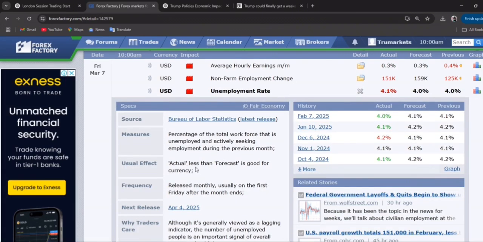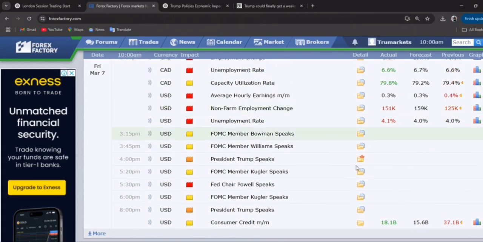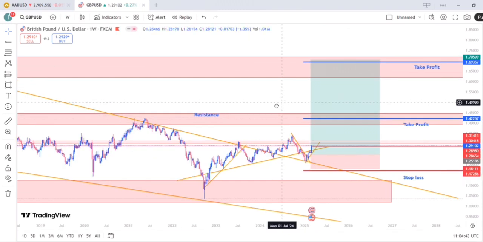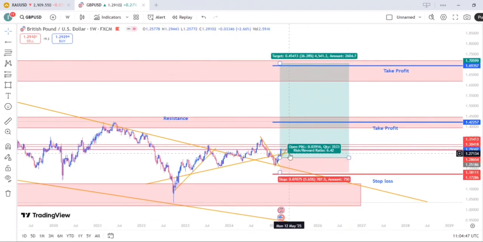We have actual less than forecast is good for the currency, but the actual here, 4.1%, is greater than 4.0%. All right, that gives us even stronger backing to let us know that the United States dollar value is about to crash drastically.